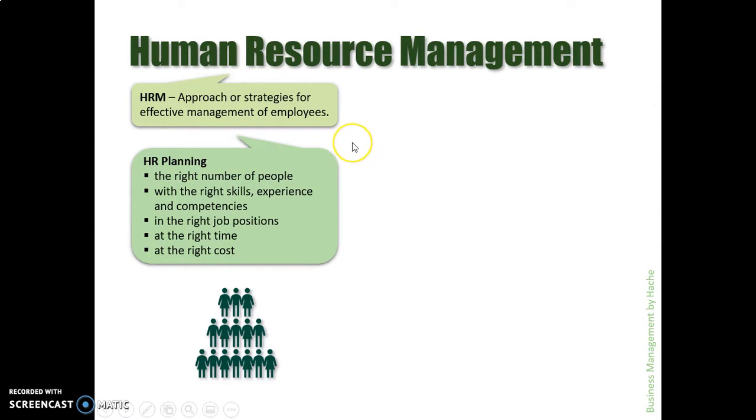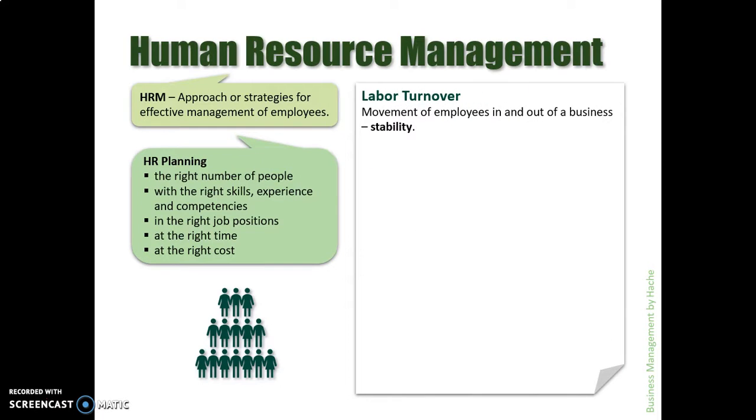An important concept to consider when we start thinking about human resources is labor turnover. Labor turnover is the movement of employees in and out of the business. It is a percentage value that shows how many people are leaving your business periodically, over a specific time period. In other words, it's a measure of the labor stability in your business.